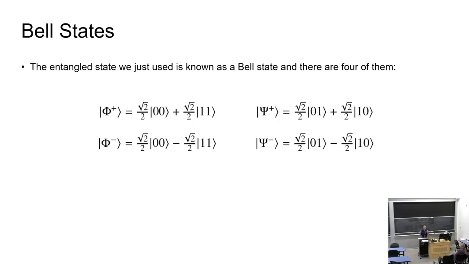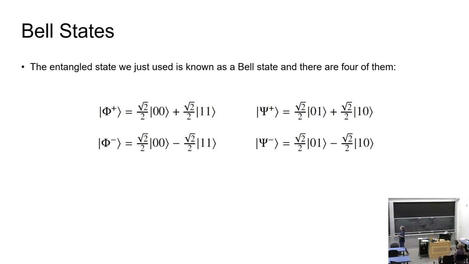I wrote it all down. All right, so the entangled state we just used is known as a Bell state. Here they are. This is the one we just looked at, psi plus. There are 4 distinct Bell states. There's square root of 2 over 2 times 00, plus square root of 2 over 2 times 11.